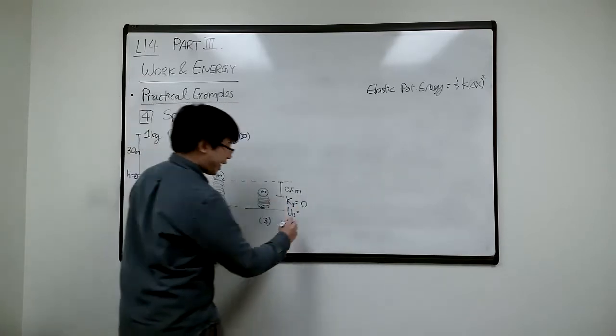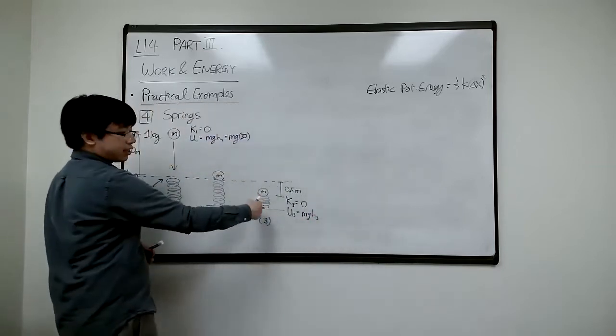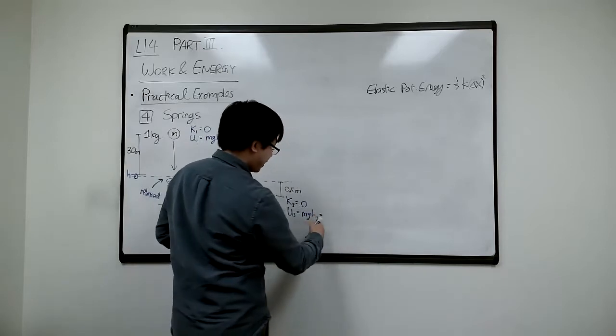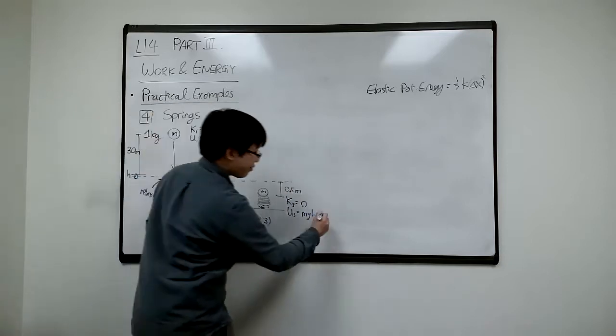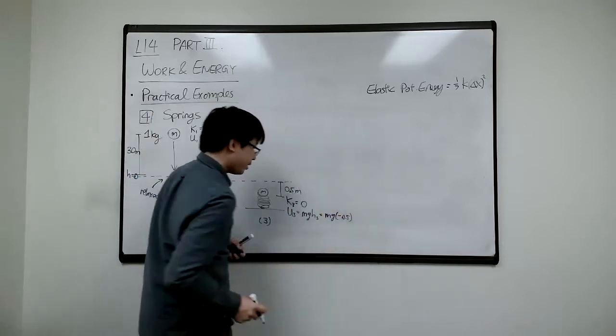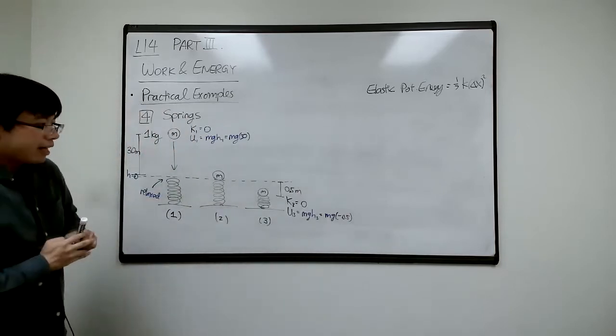Well, mgh, yes, but what h? I'm talking about the energy of this guy, so the height is going to be minus 0.5. So it's mg times minus 0.5. We can plug in the m and g later on.